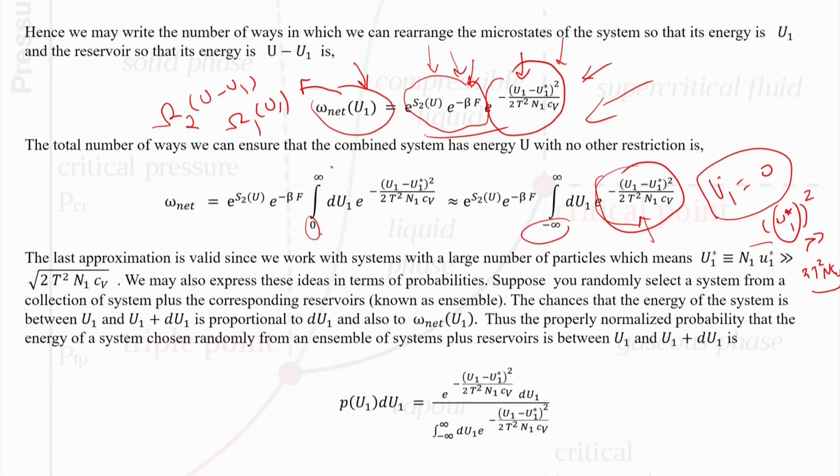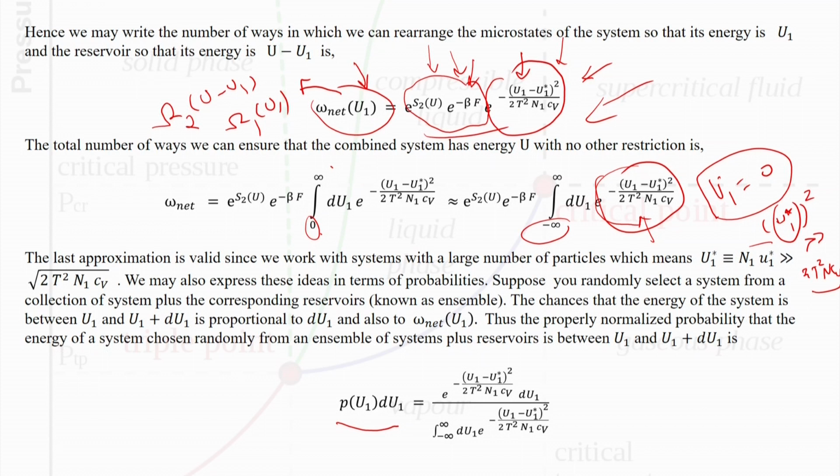So it's going to be proportional to this, because this is the number of ways in which you can do that. As a result, I am entitled to make this claim about the probability. This imaginary collection of system plus reservoir, so many Xerox copies of system plus reservoir, these are mental copies that you make, and this is called an ensemble.